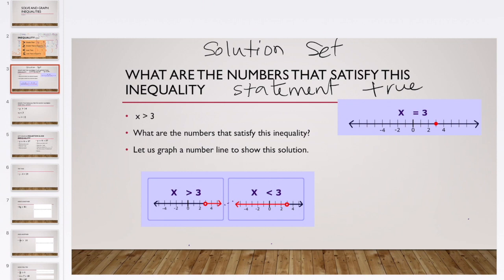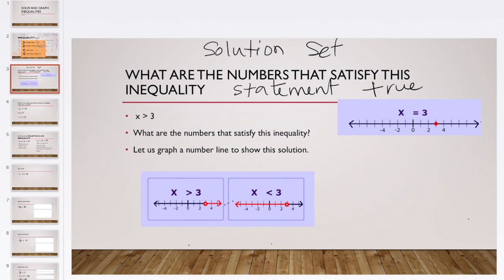So if I had x is equal to 3, how would I graph it? I would say in my number line, figure out where 3 is, put a dot, and I'm done. X is equal to 3. That's it. Inequalities, since we have more than one solution, we have to show that in our graph. We have to show that there's more than one solution.